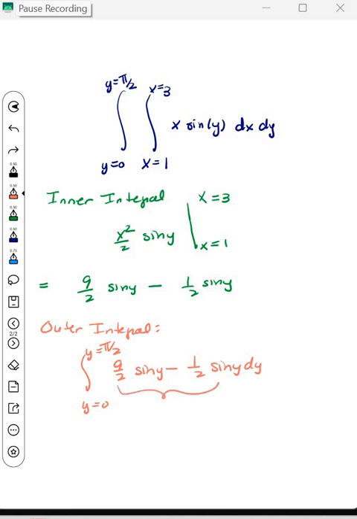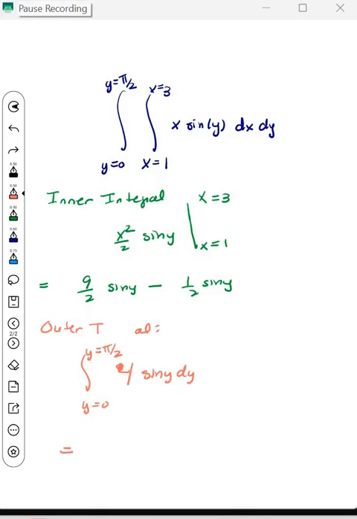Unlike you, unless you're using an iPad, I'm just going to replace this with a 4 sine y. Oh, I think I said pi over 3, but it's really pi over 2. Y equals pi over 2. And it's going to be 9/2 minus 1/2 is 8/2, and that's 4 sine y dy.